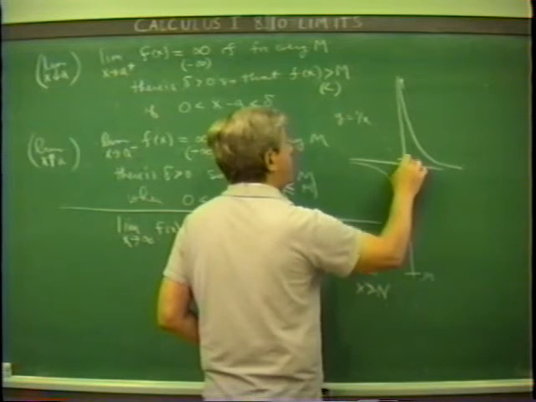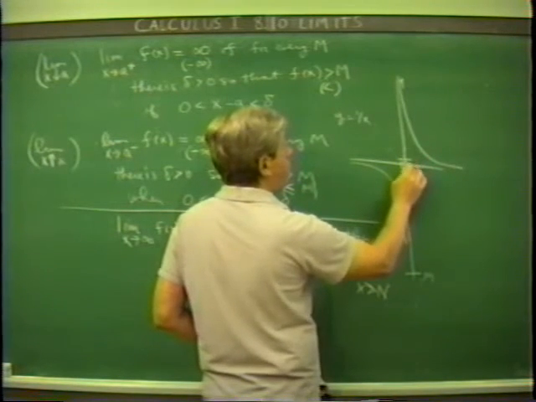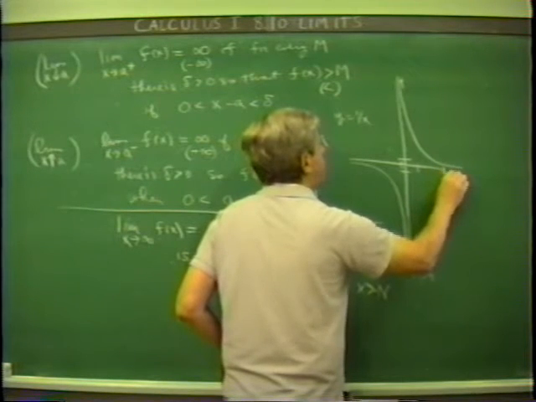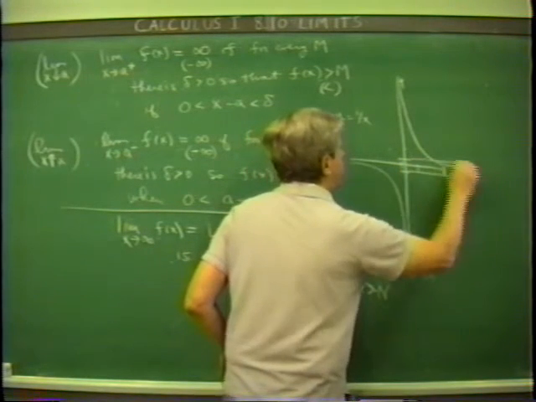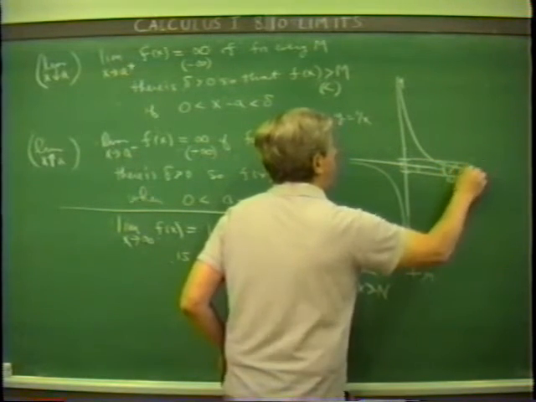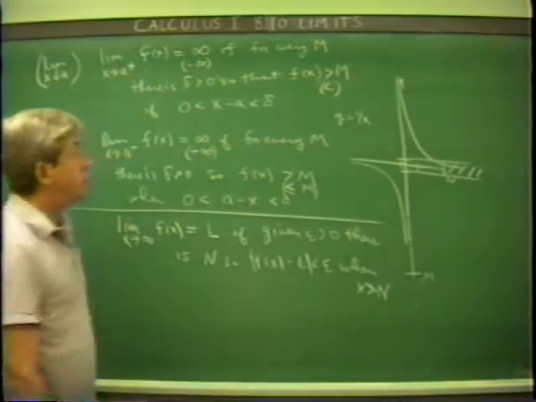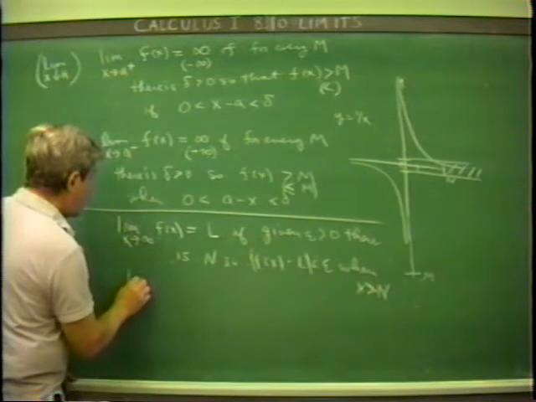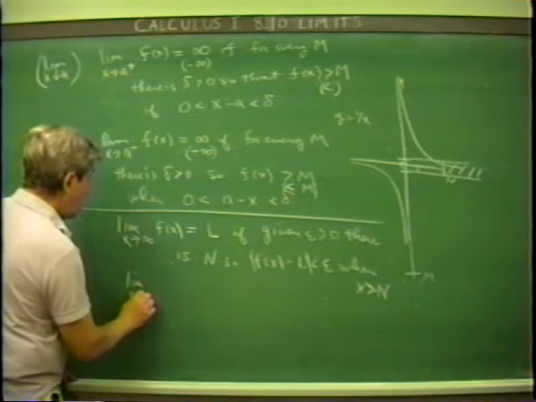So here, for example, the function 1 over x approaches 0 as x approaches infinity. Given any epsilon, if we want the function to stay between 0 plus or minus epsilon, we need to choose a number n out here, and it will stay in this region here.